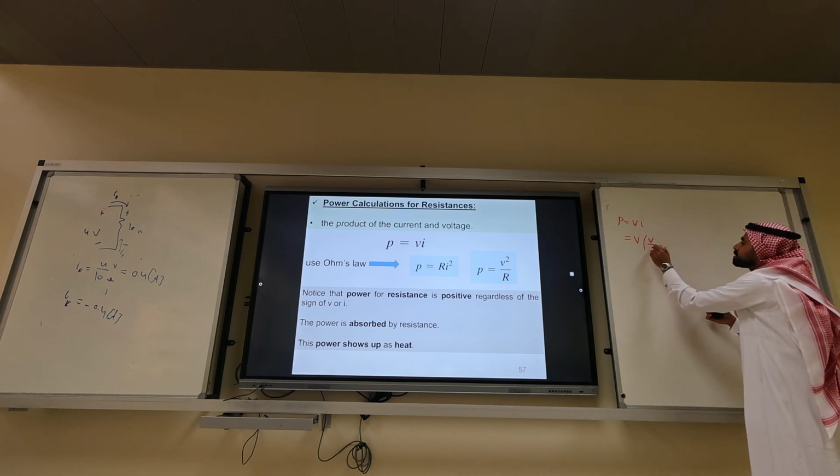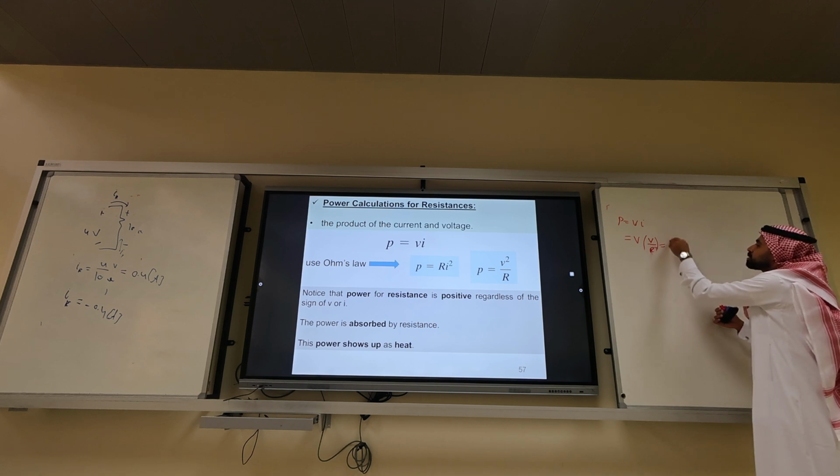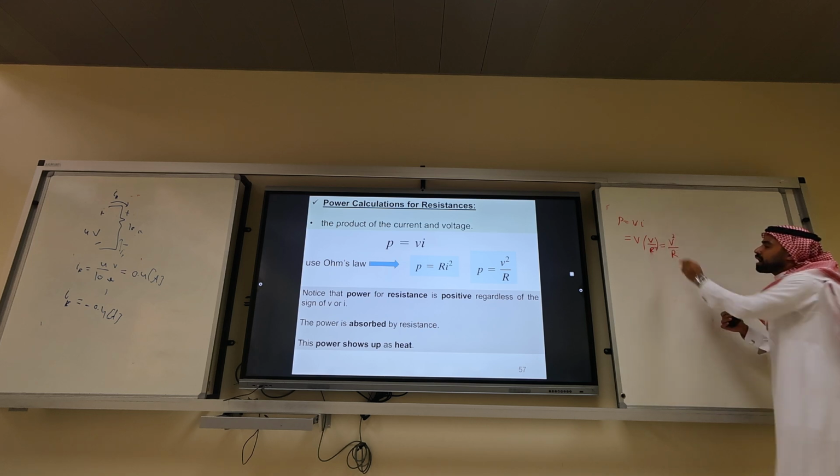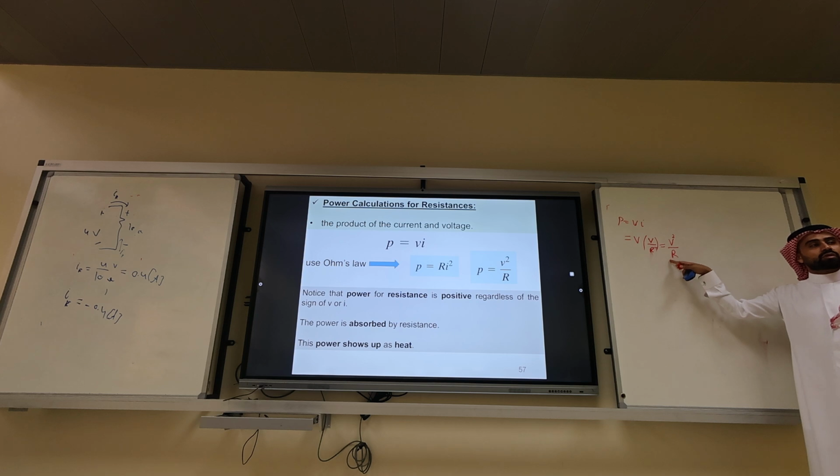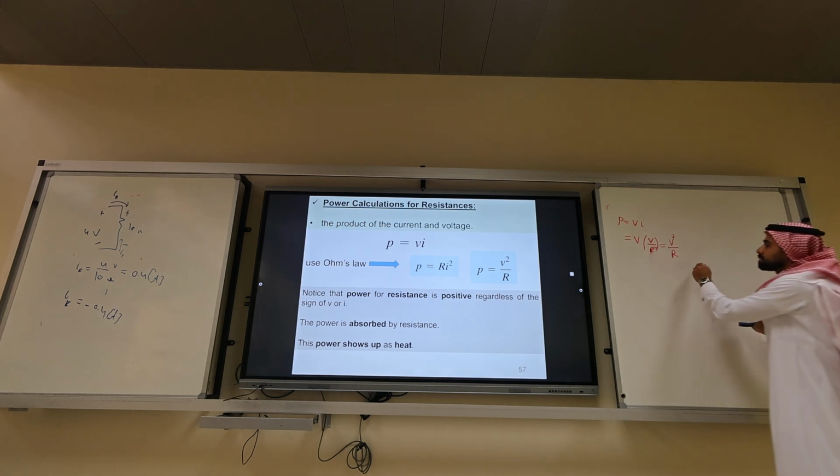V over R, which implies it equals V squared over R. So this is another formula to calculate the power without calculating the current. If you know the resistance and the voltage, you can calculate the power.